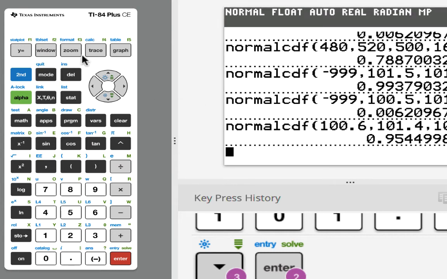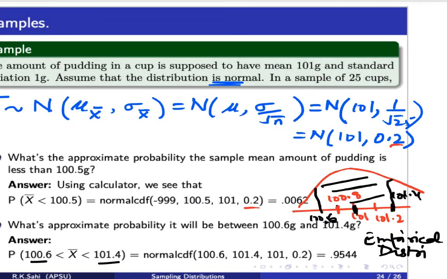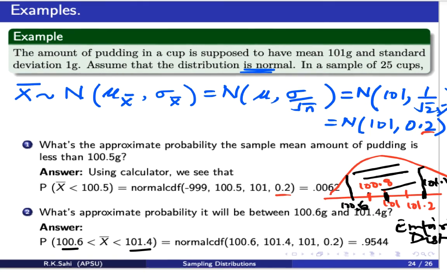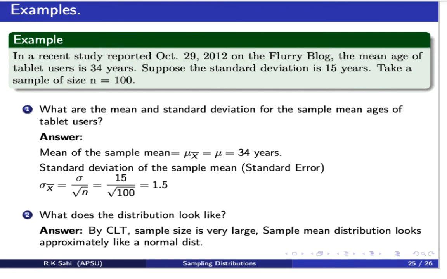One last example in the central limit theorem. In a recent study reported on October 29, 2012 on the Flurry blog, the mean age of tablet users is 34 years. Suppose the standard deviation is 15 years.